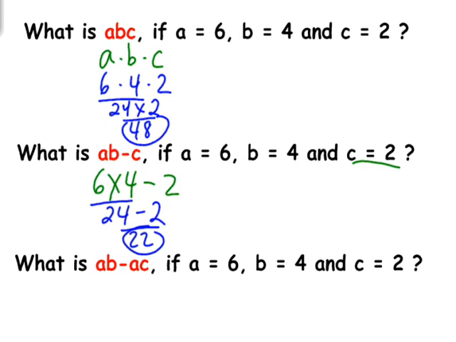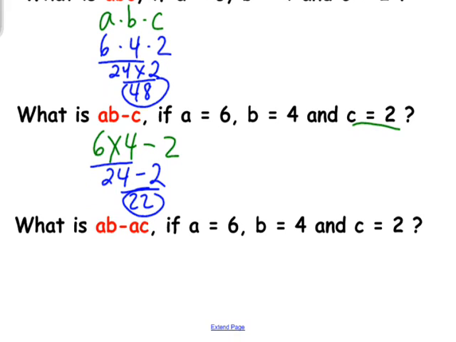And the last one here, let's evaluate AB minus AC. So A is 6 times B is 4 minus A is 6 times C is 2.